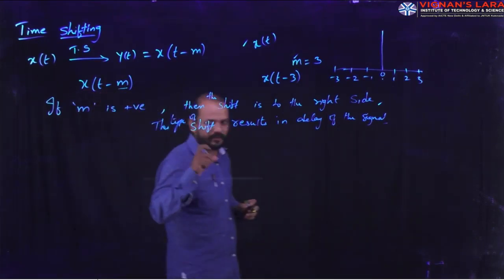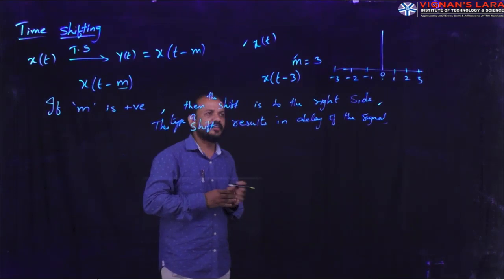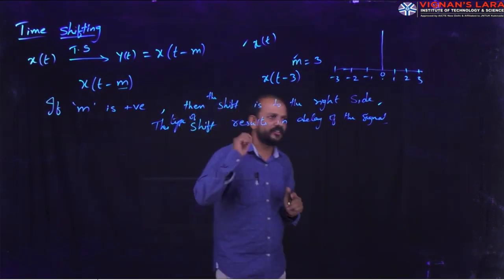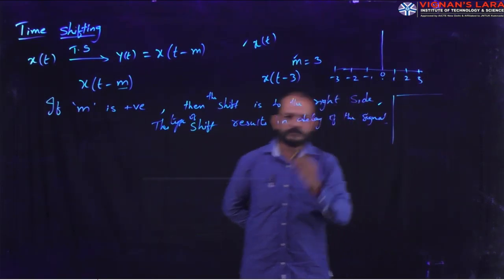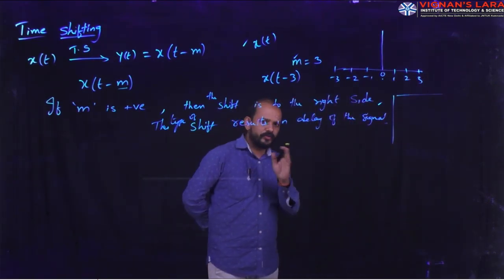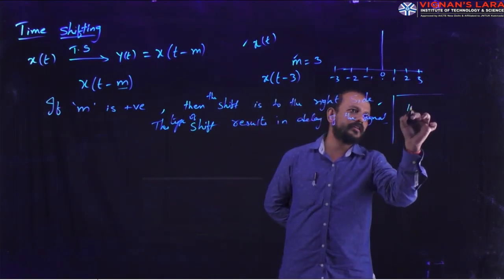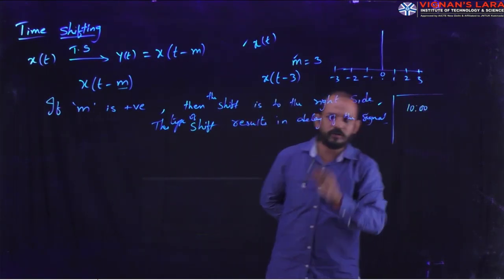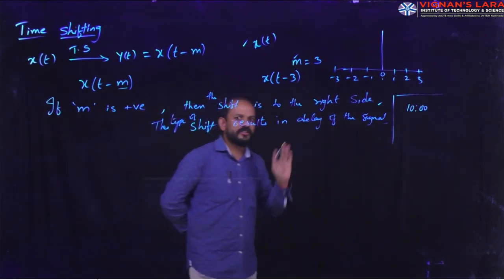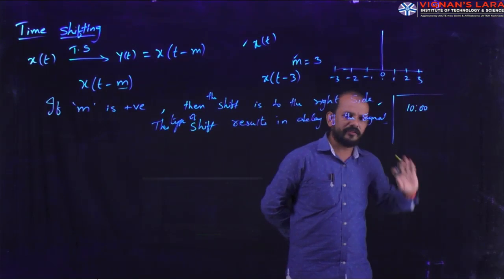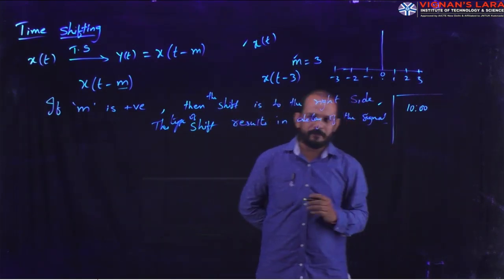For your better understanding, I will give a simple example. Remember this example, then this concept is very easy. Let us take a train from Guntur railway station that has to start by 10 o'clock and reach Vijayawada by 11. So in Guntur, the train has to start by 10.